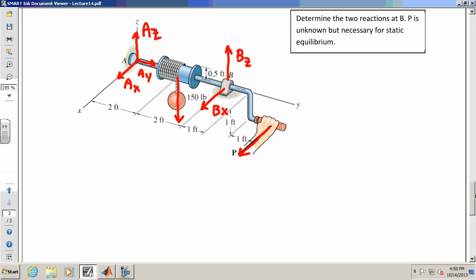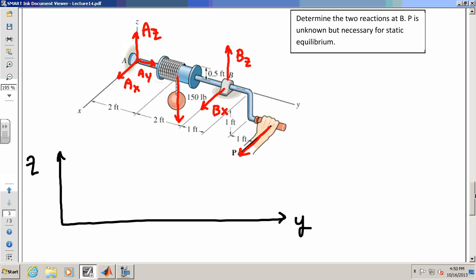So let me draw that picture for you. Here's my y-axis. Here's my z-axis. If you're looking straight at it from the x, what does this thing look like? Well, it looks kind of like this.